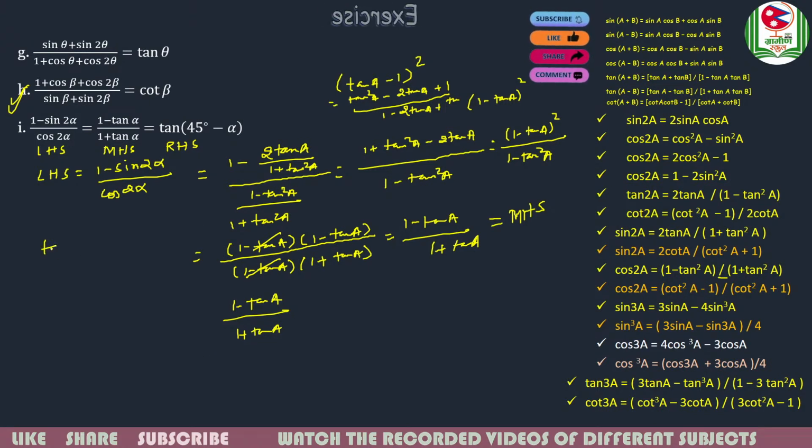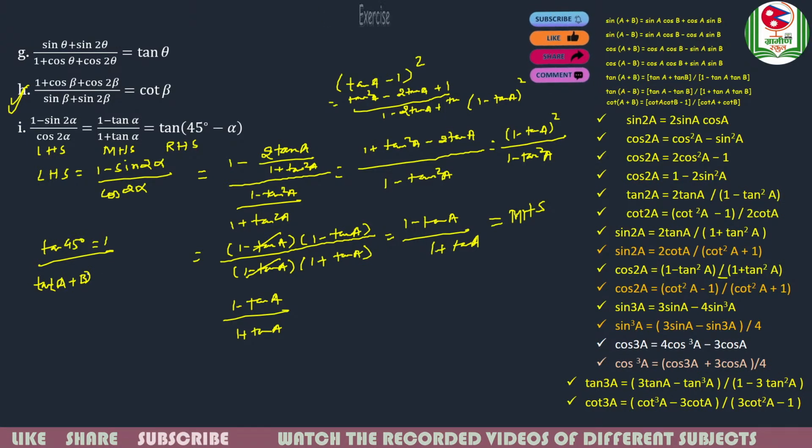We know the value of tan 45 degrees is 1. And we know tan(A minus B) equals (tan A minus tan B) upon (1 plus tan A tan B).